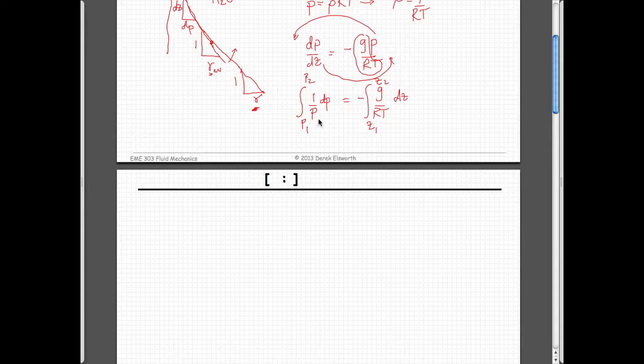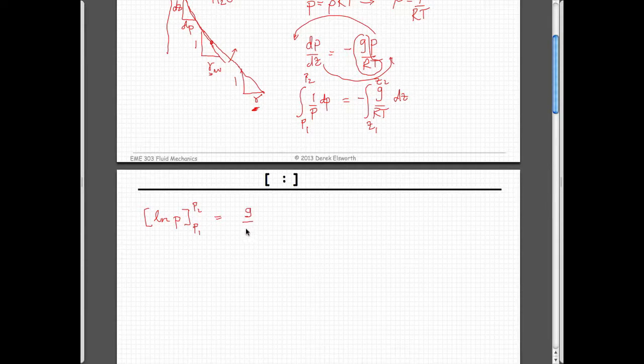So the integral of 1 over p is log, right? So you know that that is equal to log pressure integrated between the lower limit of P1 and the upper limit of P2. And this term, well, G, R, and T, we could assume that those are constant is one way to do it. Let's do that, just because it makes life easy for us.